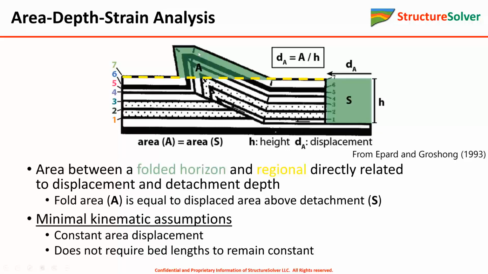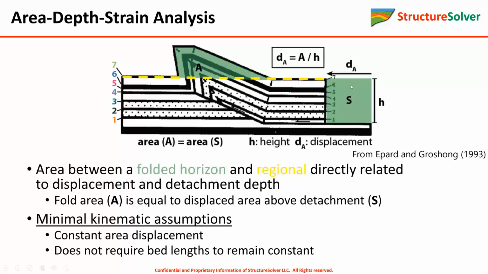And the area that you see in a fold in a seismic section, and what we're looking at here is a kinematic forward model of a fault propagation fold where we have some observable folds, the concept is that the area of a fold that you could measure from an interpretation or a seismic section should be equal to the amount of area displaced above the detachment. You don't directly observe this, but what you can directly observe is that fold area.